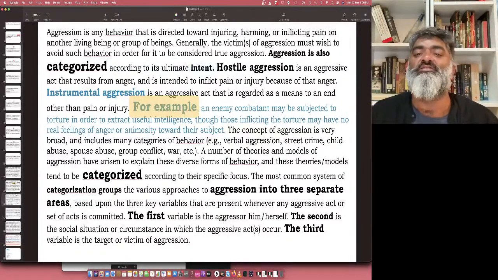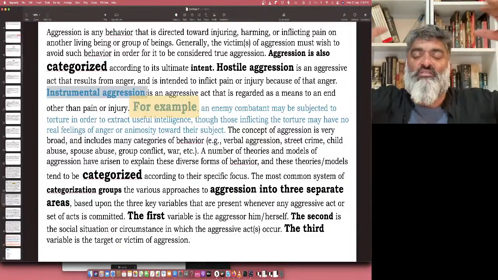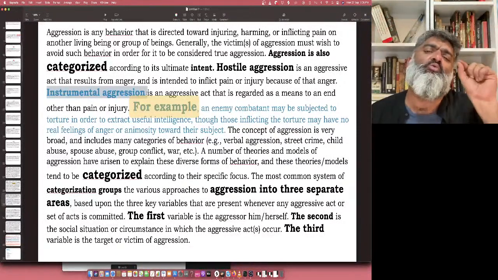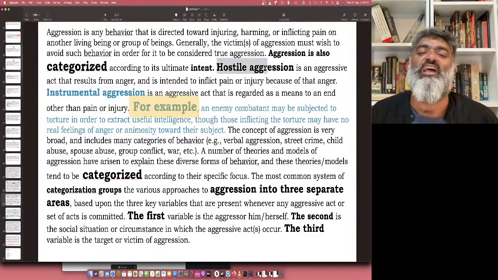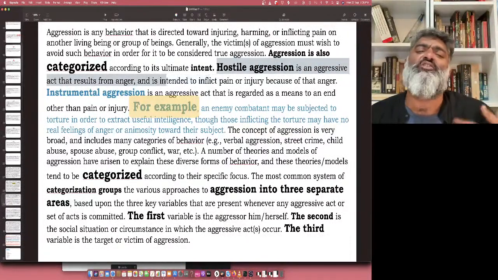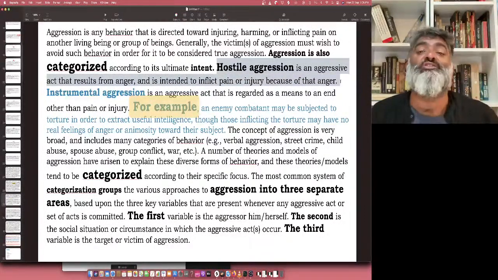So I see there is a hostile aggression, and then I also see there is an instrumental aggression. So there is a broad idea of aggression, and then we are going into quick definitions. Okay, what is hostile aggression? Hostile aggression is an aggressive act that results from anger and is intended to inflict pain or injury because of that anger.